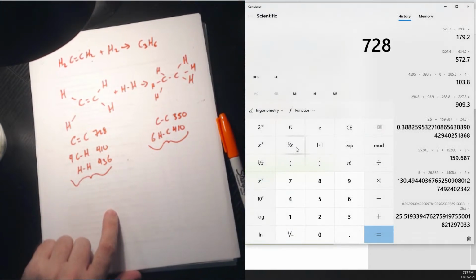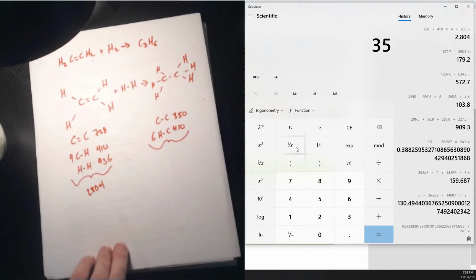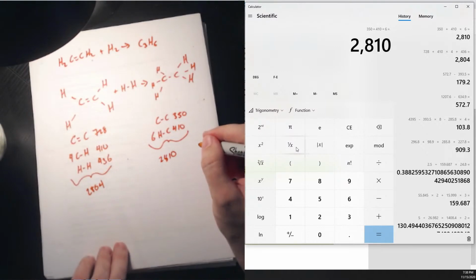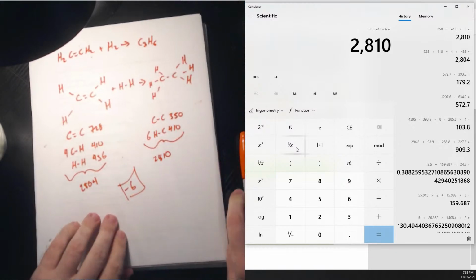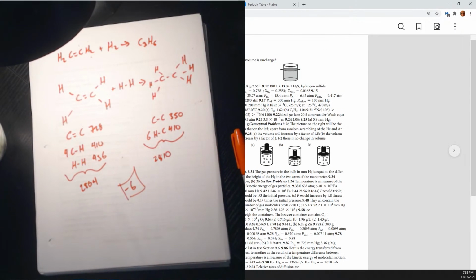So 728 plus 410 times 4 plus 436 is 2804. 350 plus 410 times 6 is 2810. Reactants minus products is -6 kilojoules per mole. So that is a pretty small number, and 88 is, yep, -6. That is kind of ridiculous.